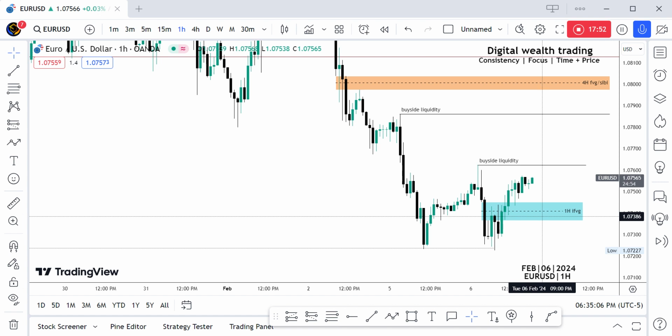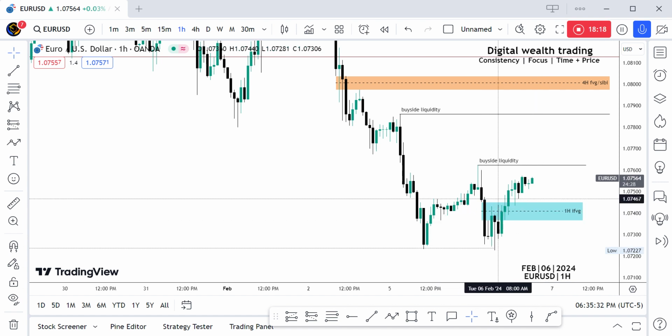If the algorithm is seeking short time buy side liquidity and also to fill the inefficiency, my 1 hour draw on liquidity is equal to inefficiency plus buy side liquidity, and my 1 hour entry, which is the only PD array I can find, is the 1 hour inversion fair value gap plus a 1 hour bullish order block, which is this particular candle.